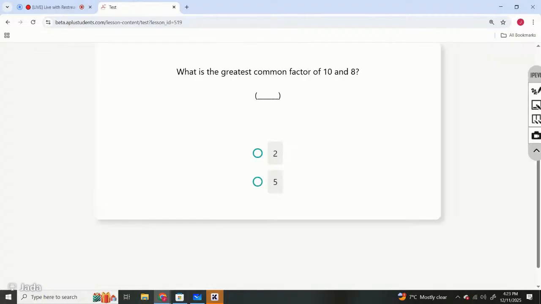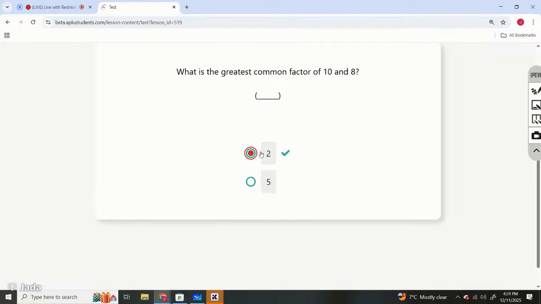What is the greatest common factor of 10 and 8? Option number 1 is the correct.